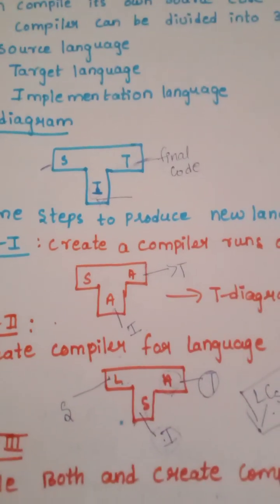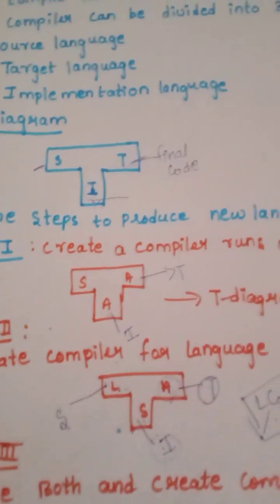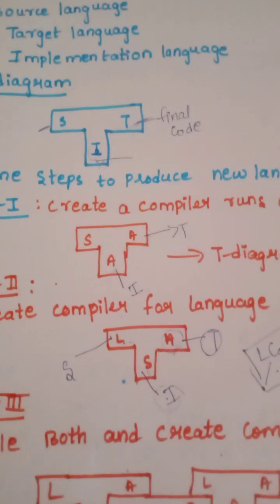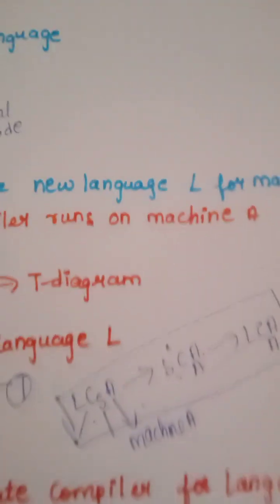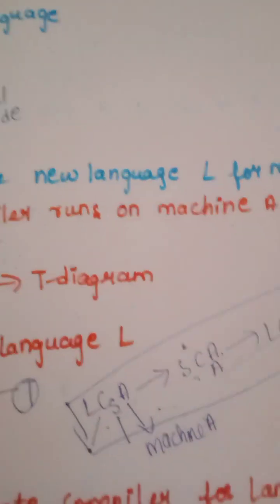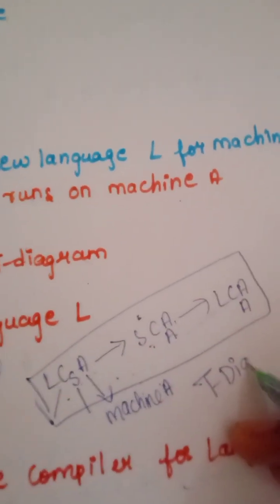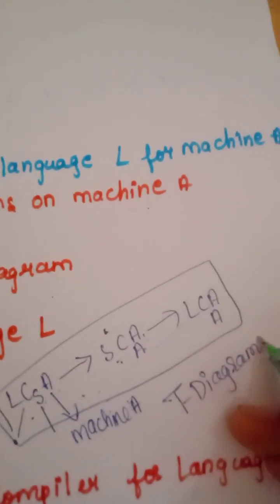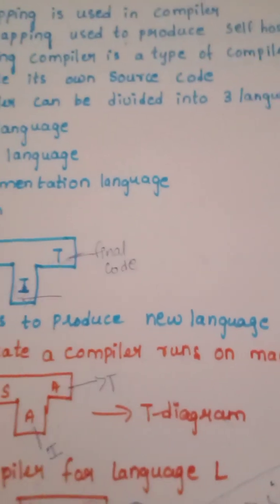Firstly, we created a compiler that can run on machine A. Then we created a compiler for language L, and then we combined both, and created another compiler for language L. Finally, we produced this equation. So bootstrapping is mainly performed by T diagrams, and in this way we can construct bootstrapping in compiler design.